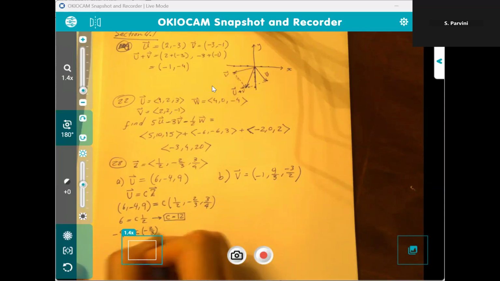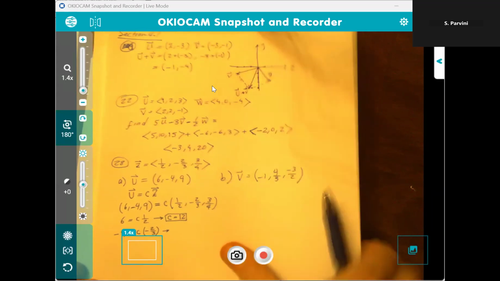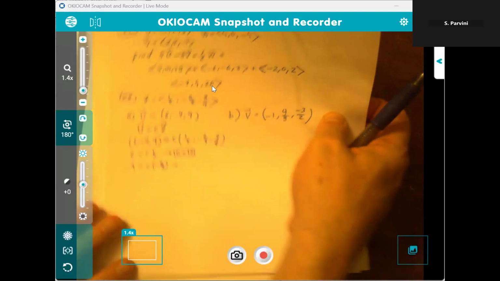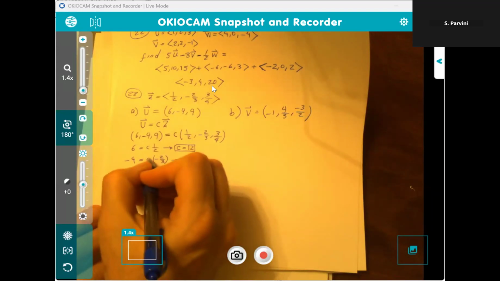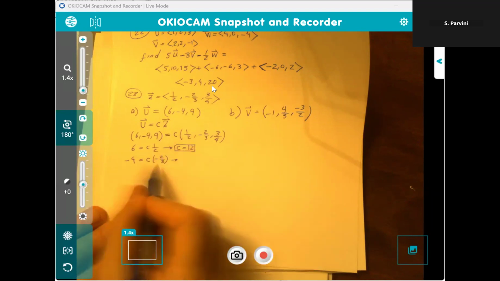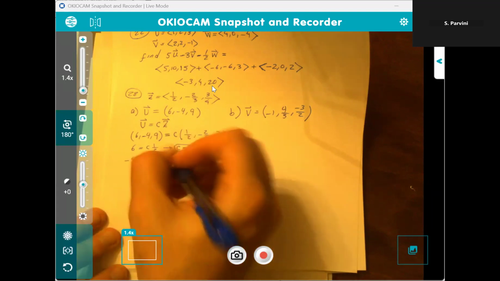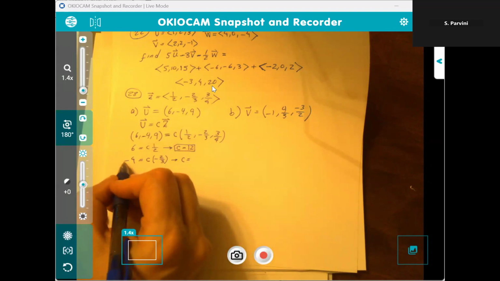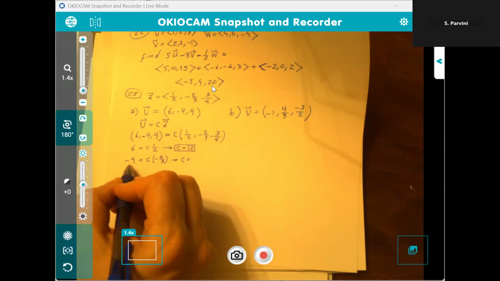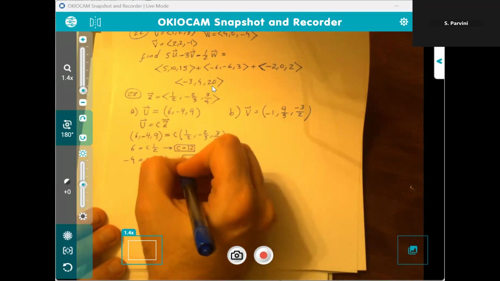So let's solve this equation for c. How are we going to do this? We're going to isolate c. So let's multiply both sides by the reciprocal of negative 2/3, which is negative 3/2. On the right side, I just get c. On the left, I'm multiplying negative 4 by negative 3/2. That's going to be 3 times 4, 12, over 2, 6. So c is going to be 6.